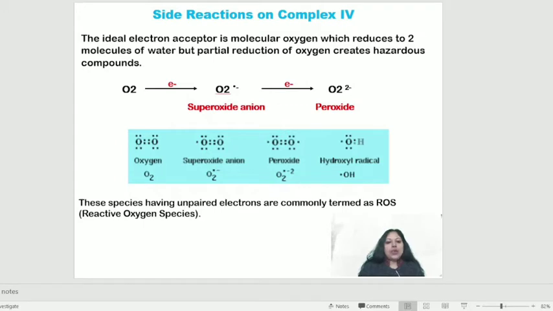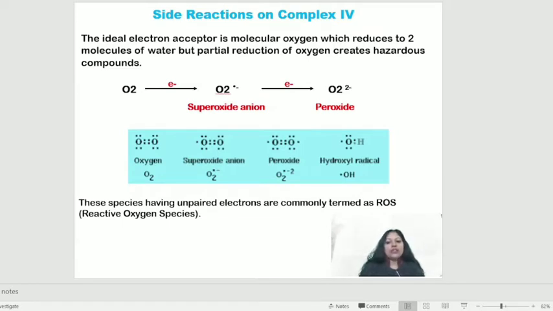During the process, if you remember the overall reaction mechanism on complex 4, there is formation of superoxide anion. But the structure of complex 4 and its prosthetic groups are arranged so beautifully that this superoxide anion, if formed, cannot escape from the complex, so it normally cannot cause damage to the cells.